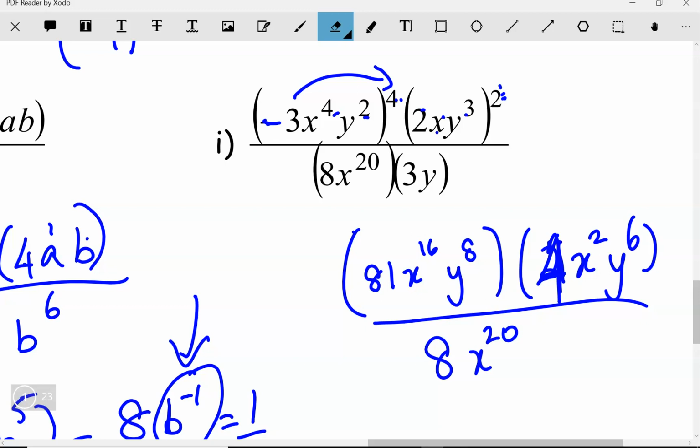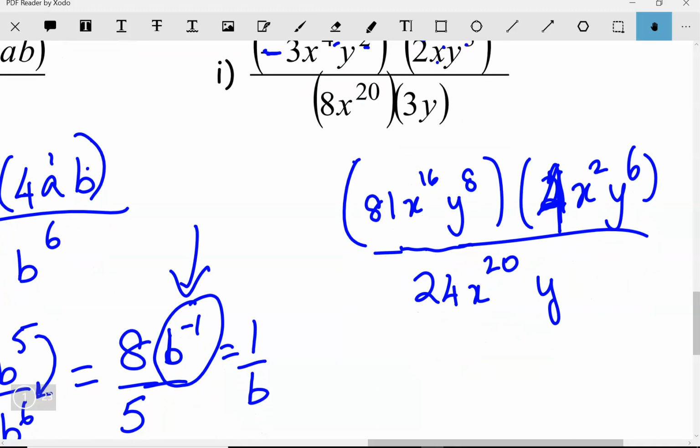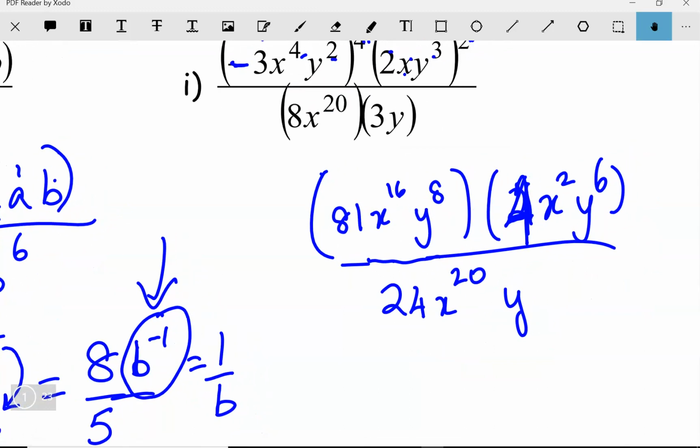I'm just doing what you would normally think to do, but if you can predict the next step, you might want to leave the 8 and the 3 as they are, because what I'm going to do now is try to cross cancel some stuff from here.